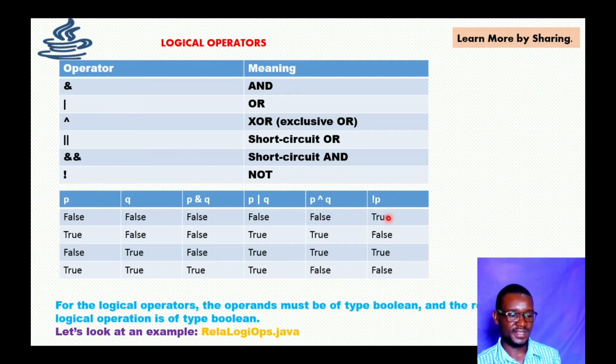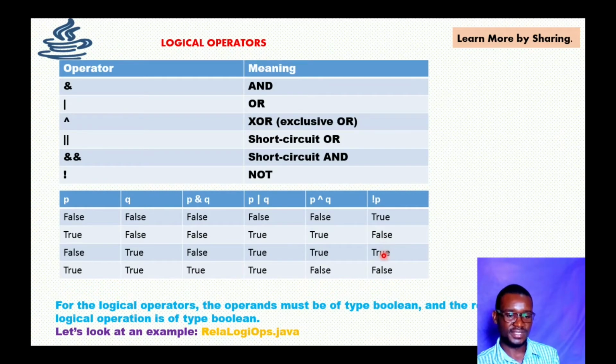So if we say not P, we are just trying to find out if P is true. So not P, so P is not true, it's false, so the value comes out true. Okay, so P at this point is true, and then if we say not P, when it is true, it will bring out false.